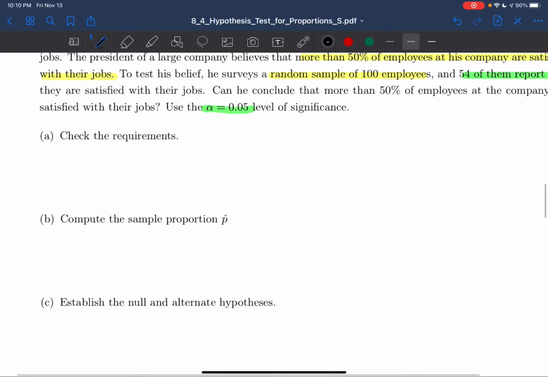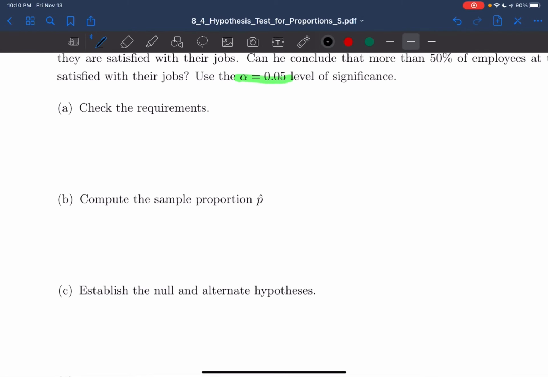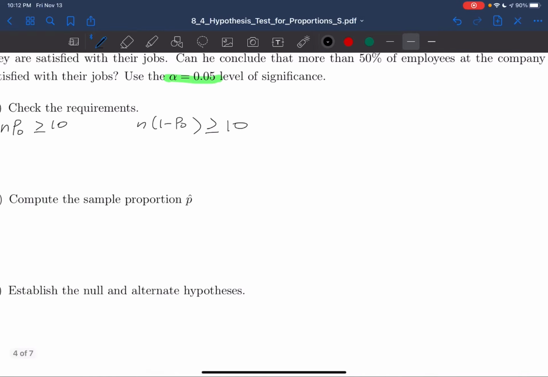Okay. So first, we want to check the requirements. We want to see if n times p naught is greater than or equal to 10, and we also want to check if n times 1 minus p naught is greater than or equal to 10. If they are, then we could proceed.